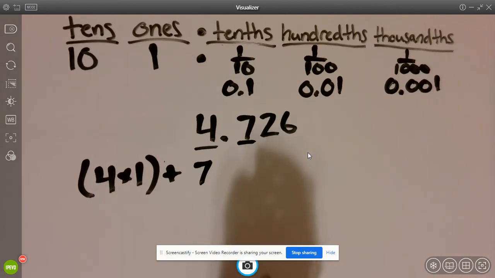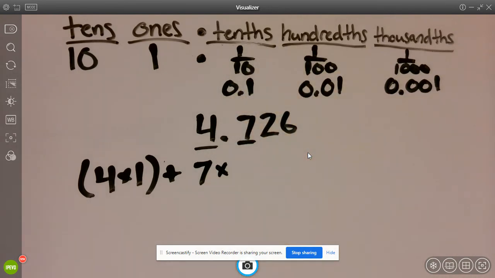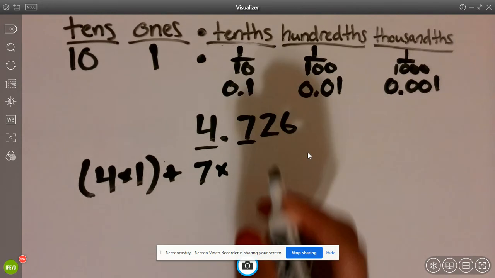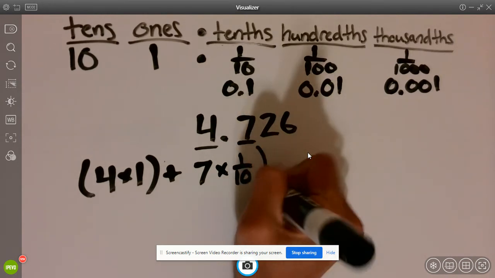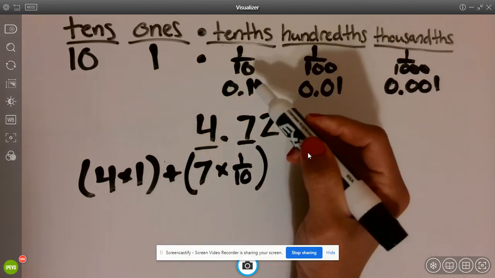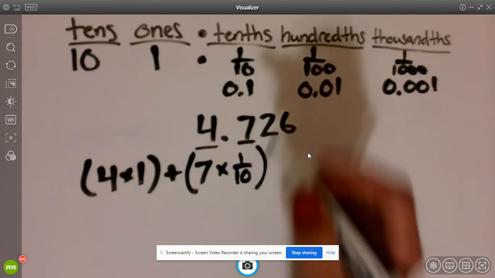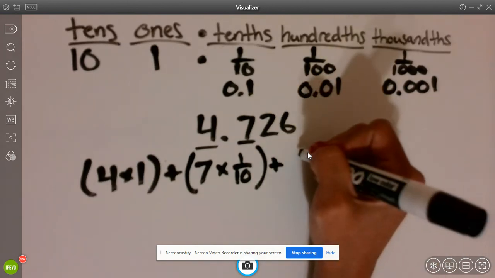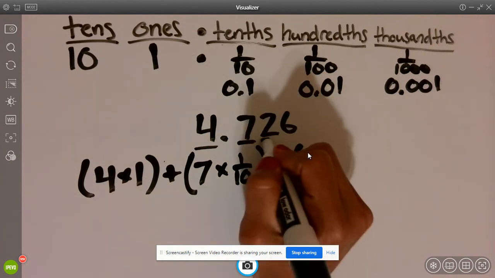So I'm going to do 7 times, if I'm writing it as fractions, it would be 7 times 1/10 because my 7 is in the tenths place value. I put my addition sign, parentheses. My next number in line is a 2.